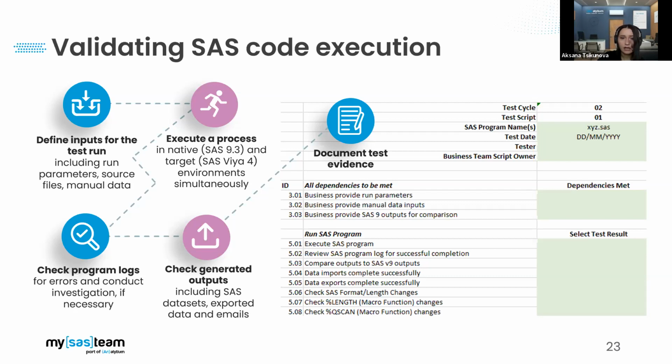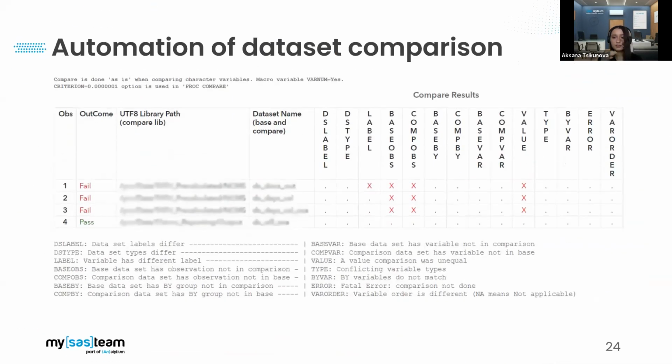And finally, I would like to say a couple of words about the dataset comparison, as Pavel has mentioned earlier. We have done it in an automated way. We have used a more customized version of proc compare.